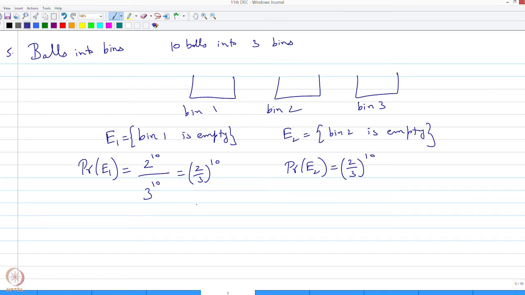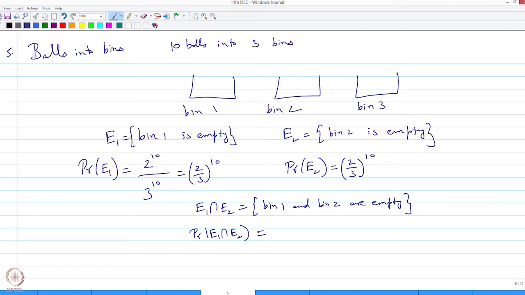So, what about E1 intersect E2? Bin 1 and bin 2 are empty. If you compute the probability for E1 intersect E2, you notice there is only one possibility for any ball to go to.